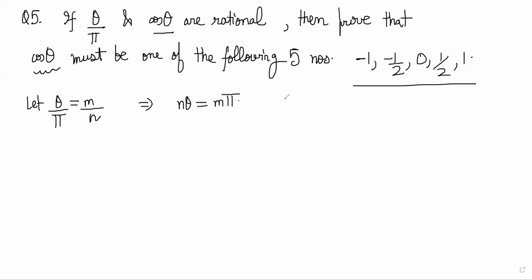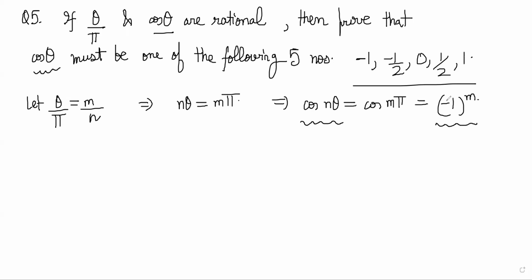So from here we can say that cos of n theta is equal to cos of m pi, and cos of m pi is basically -1 power m. Depends on the parity of m. If m is even, it is 1. If m is odd, it is -1, right? So we have this equation, cos of n theta is equal to -1 power m, right?